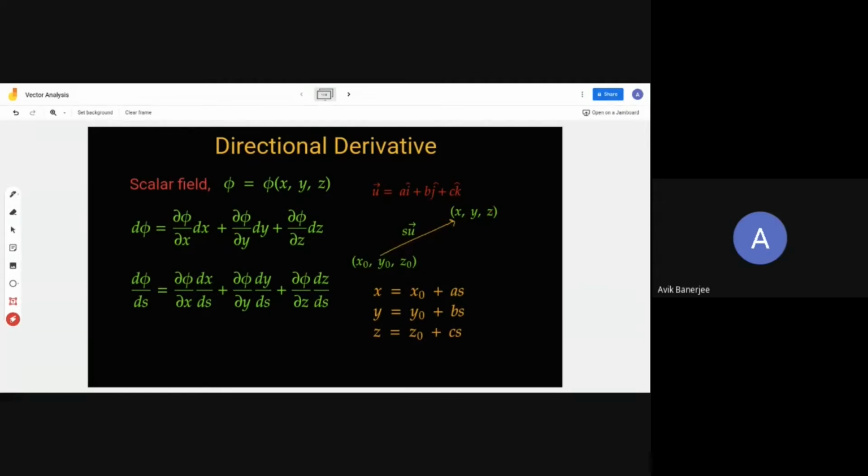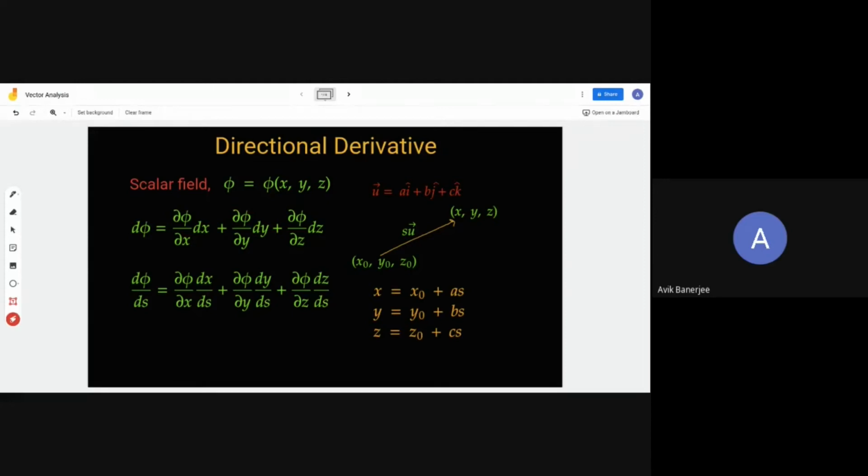What is our goal here? We are saying that we are talking about scalar fields. Scalar fields vary from point to point. And if we want to know what is the rate of change of that particular field in a given direction, if you take the instance of the temperature as a scalar field, we may want to know what is the rate of change of temperature in a given direction.